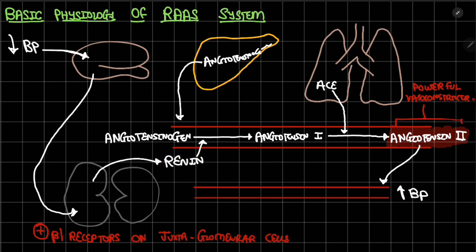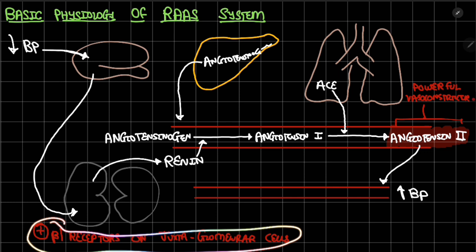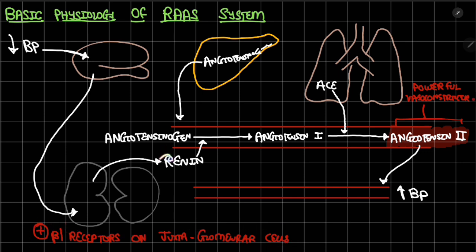Since renin is generated by beta 1 receptor stimulation, if we bind this renin, the angiotensinogen will not be converted to angiotensin 1, and further angiotensin 2 will not be formed, so vasoconstriction will not occur. In this way it will decrease the BP. It will not let the BP increase.